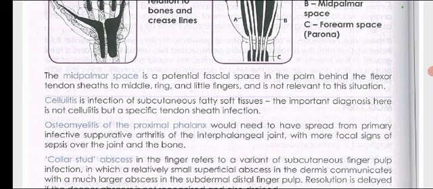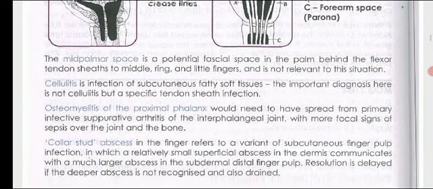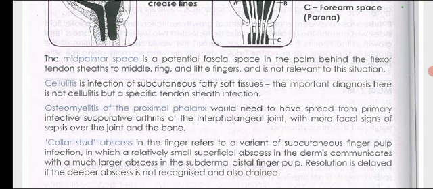Cellulitis is an infection of the subcutaneous fatty soft tissues. The important diagnosis here is not cellulitis but a specific tendon sheath infection. Osteomyelitis of the proximal phalanx would need to have a spread from primary infection, such as suppurative arthritis of the interphalangeal joint, with more focal signs of sepsis over the joint and the bone.